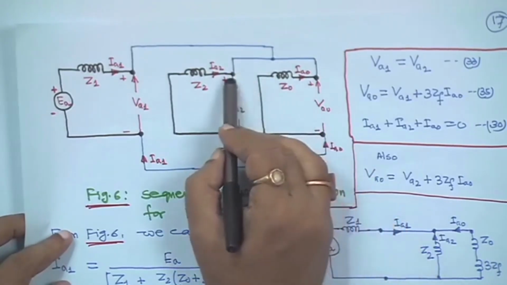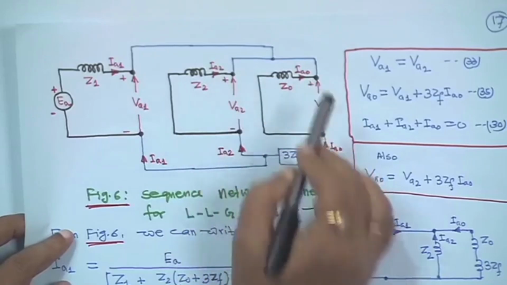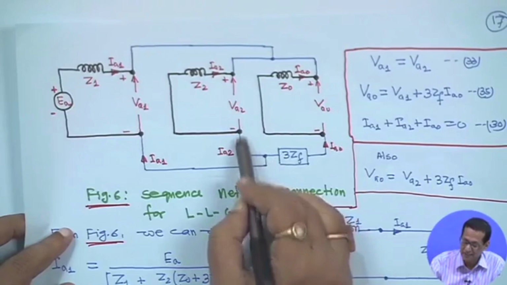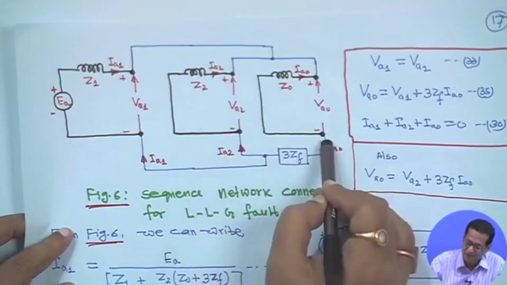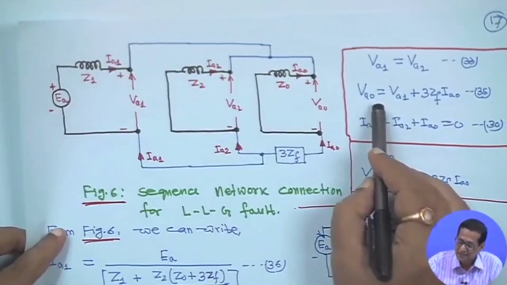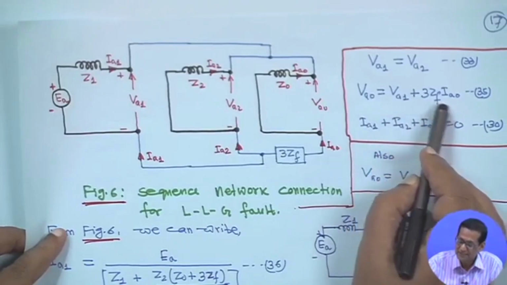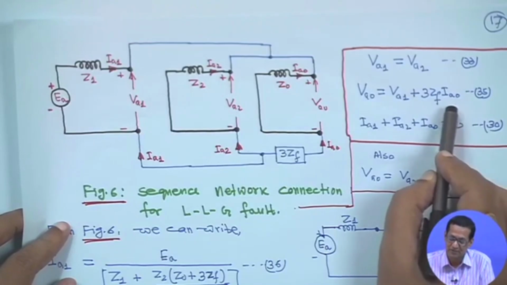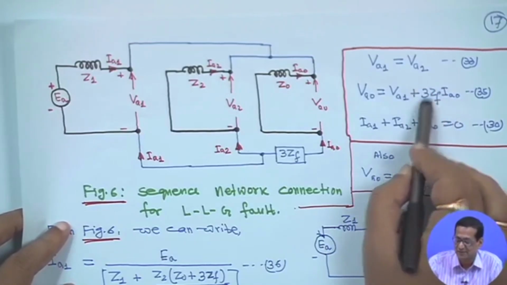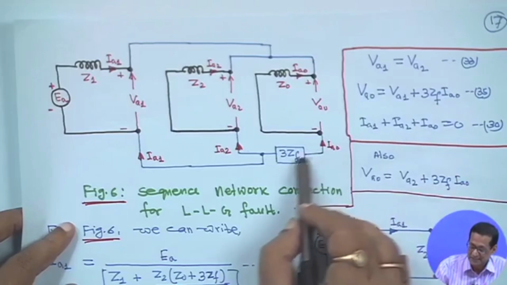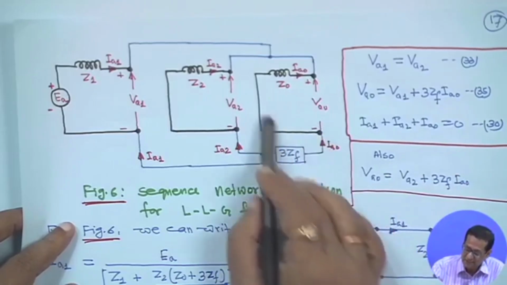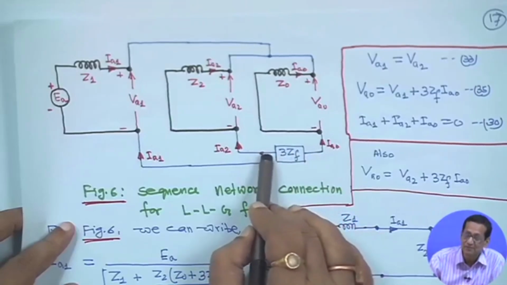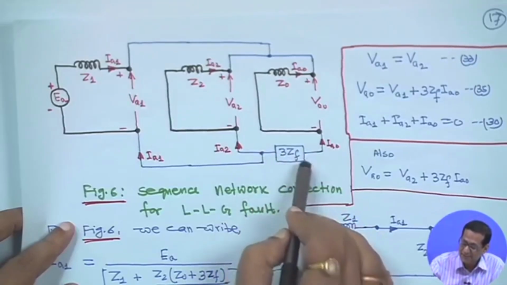Similarly, this is your plus connection, and here also you have to see the outgoing currents. The question is VA0 equals VA1 plus 3 ZF IA0. This IA0 current flows through the fault impedance, which appears as an equivalent 3 ZF. So IA0 leaves this terminal, but 3 ZF IA0 will be there.